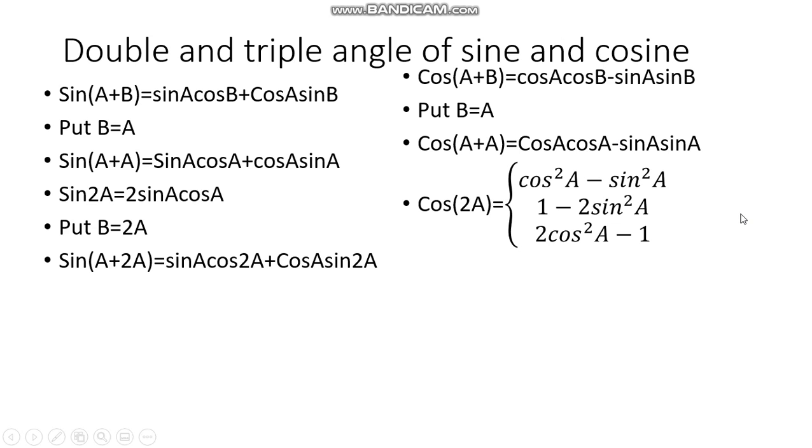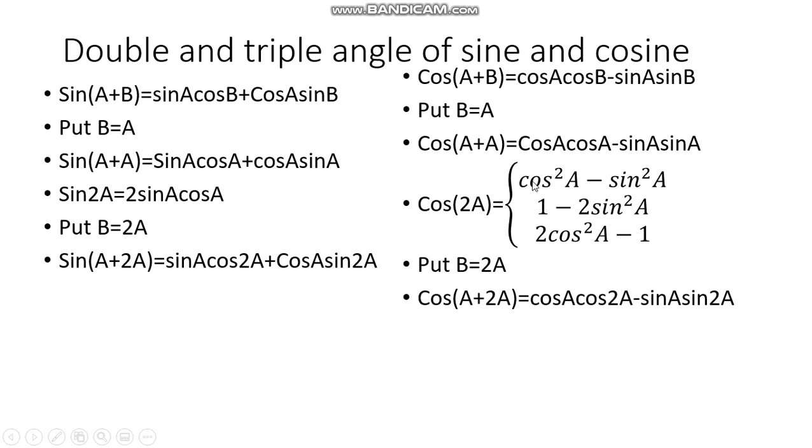Now, what about cos 3a? Here also, b = 2a you put. Then I will get cos a cos 2a − sin a sin 2a. Now you know the formula of cos 2a, right? But I want the cos 3a derivation, so in place of cos 2a, I am going to put the third formula given here, that is 2 cos² a − 1. And sin 2a we already have from here, we'll substitute here, so you'll get 2 sin² a cos a.